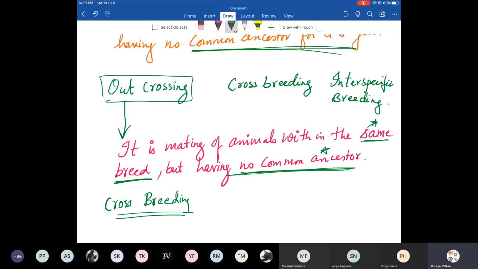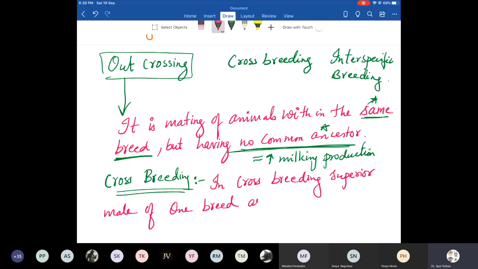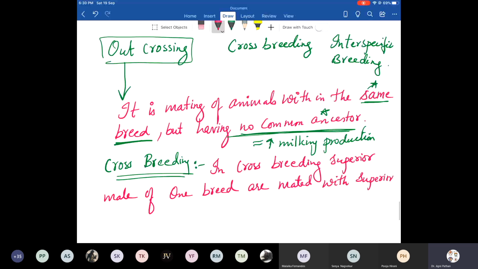In crossbreeding, superior males of one breed are mated with superior females of another breed. It gives a better breed.